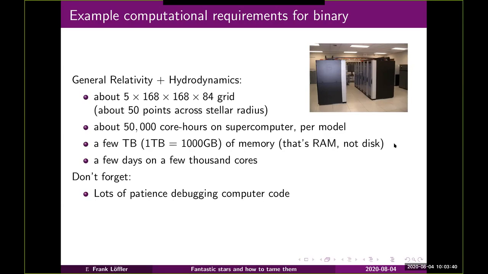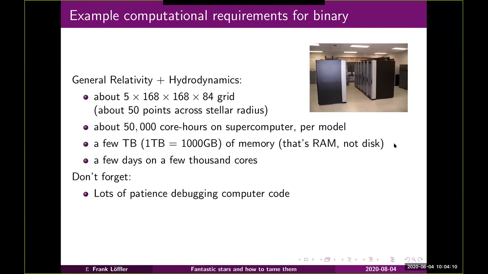If you do that, you need about 50,000 core hours on a supercomputer for each model you run. Of course, those numbers change a bit. If you change resolution, they change quite a bit because it goes with the resolution cubed or even fourth. And it also depends on the model you run, but that's just to give you a few numbers. So you need quite some computational time. You also need quite some memory to actually hold all those points in memory.